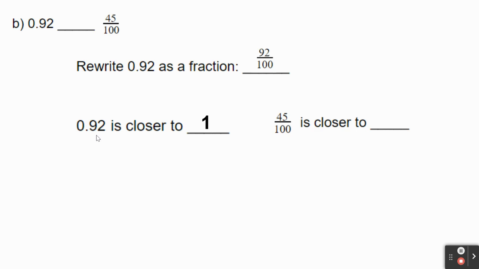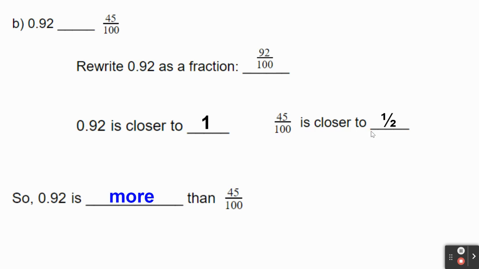So if 50 hundredths is exactly 1/2, 45 hundredths is only 5 hundredths away from exactly halfway shaded. So 45 hundredths is closest to 1/2. So now we can compare our benchmark fractions. 1 is larger than 1/2. So that means that 92 hundredths is more than 45 hundredths. So we'll have our symbol open up to eat 92 hundredths.